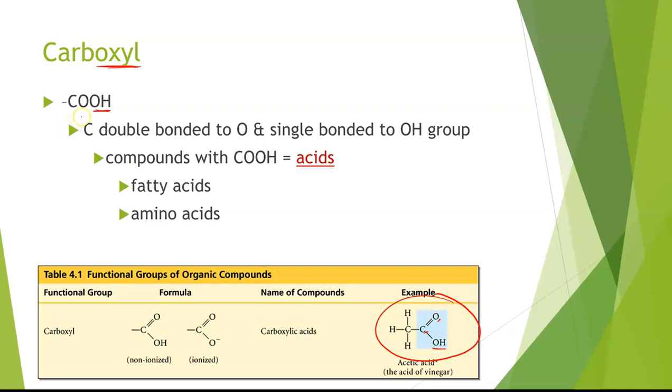So C double bond to O and an OH make up a carboxyl group. Quite often these are acids. We're going to talk about amino acids quite a bit in this school year. We'll talk about fatty acids a little bit as well as a part of a lipid, but you need to know a carboxyl group and be able to identify what a carboxyl group looks like.